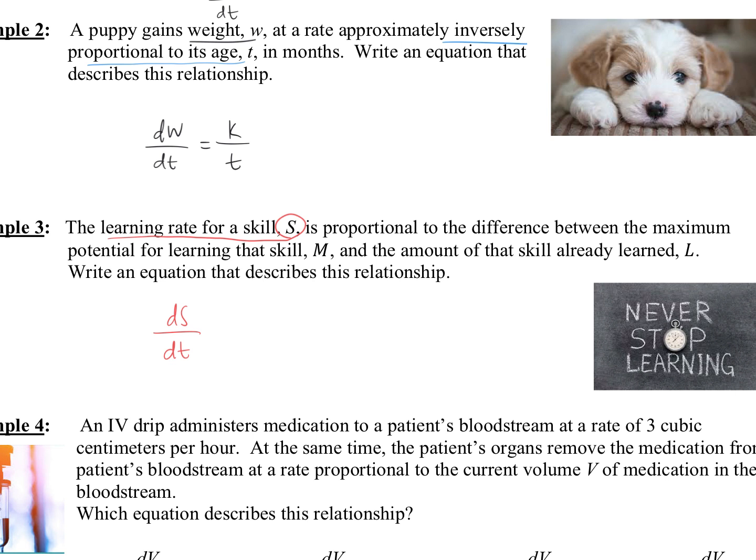And then it is proportional, so equals. And then if it's proportional, are we multiplying or dividing? Multiplying. And then it's proportional to the difference between the maximum and then the fact that it's already been learned. So I've got K, and I'm going to times that by what in my parentheses there? M minus L, because it says the difference. Okay, so we're subtracting there.